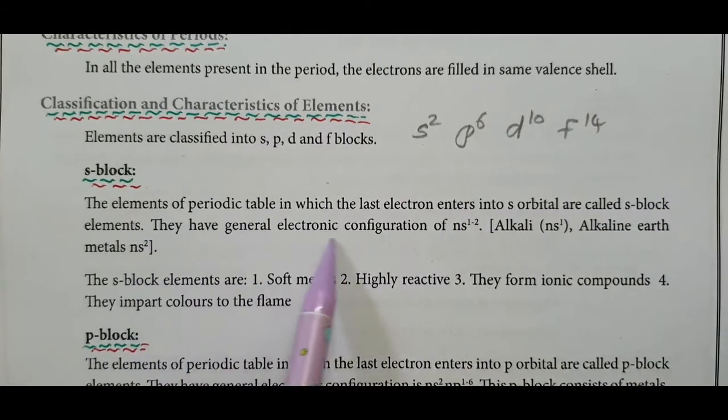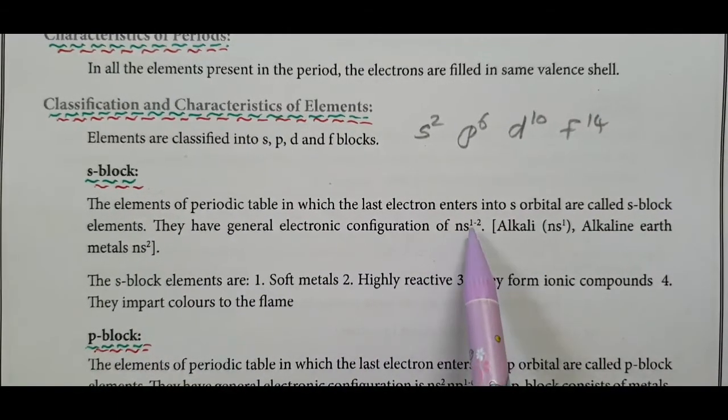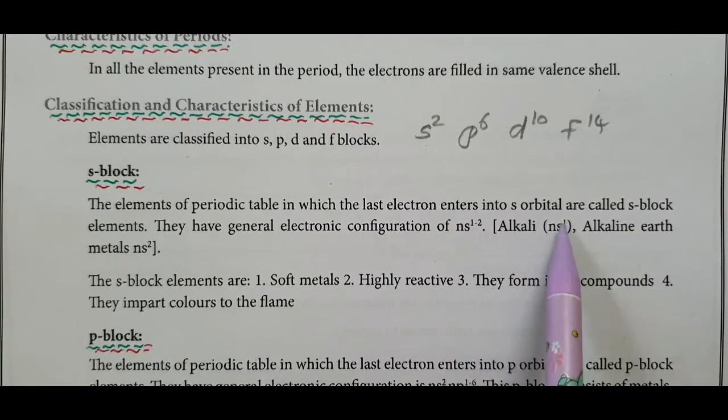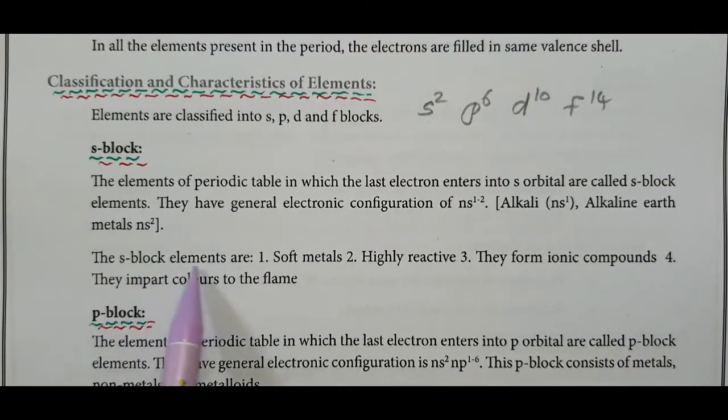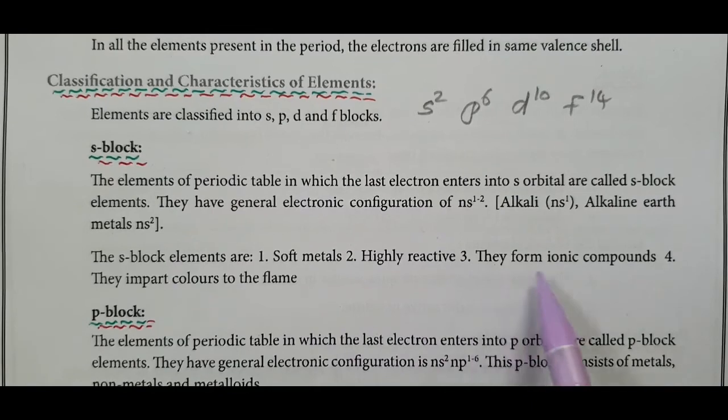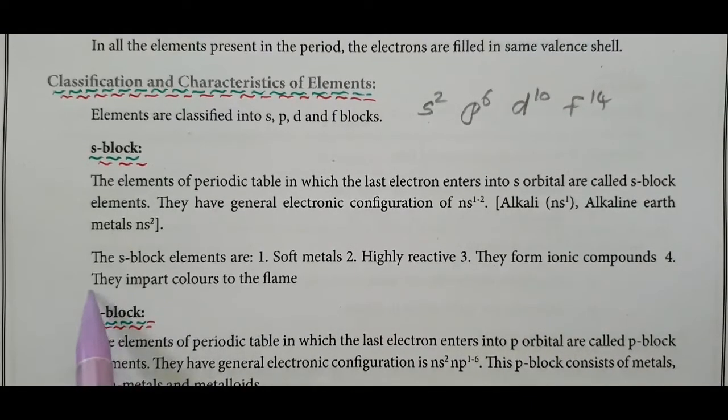They have the general electronic configuration ns1,2. Alkali metals, ns1, first group elements; alkaline earth metals, second group elements, general electronic configuration ns2. The s block elements are soft metals. They are highly reactive, they form ionic compounds, and they impart color to the flame.